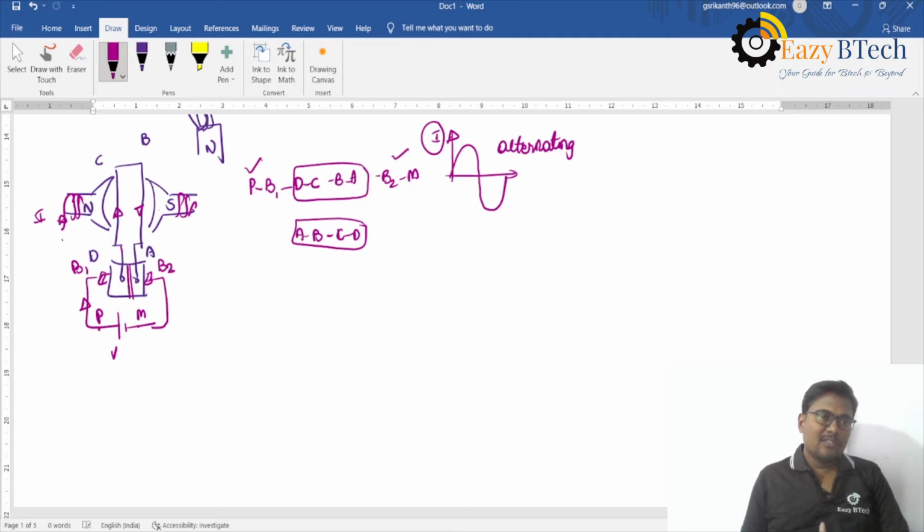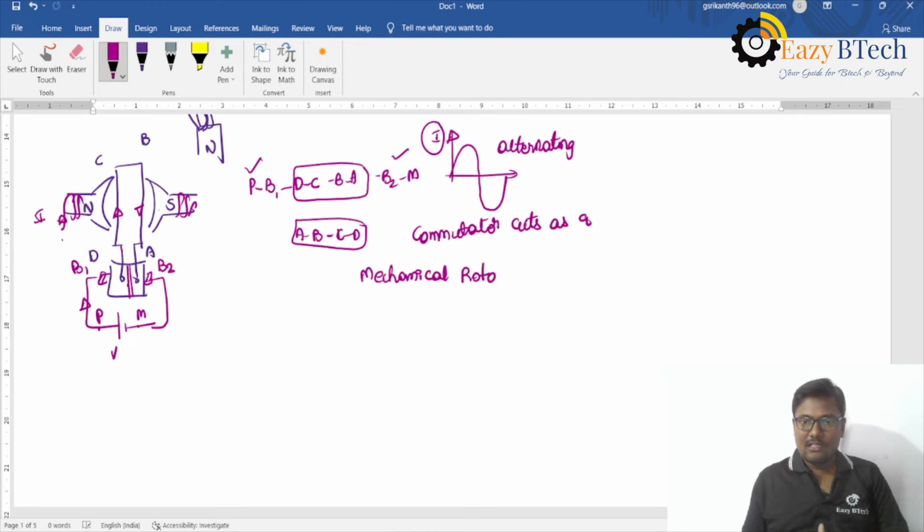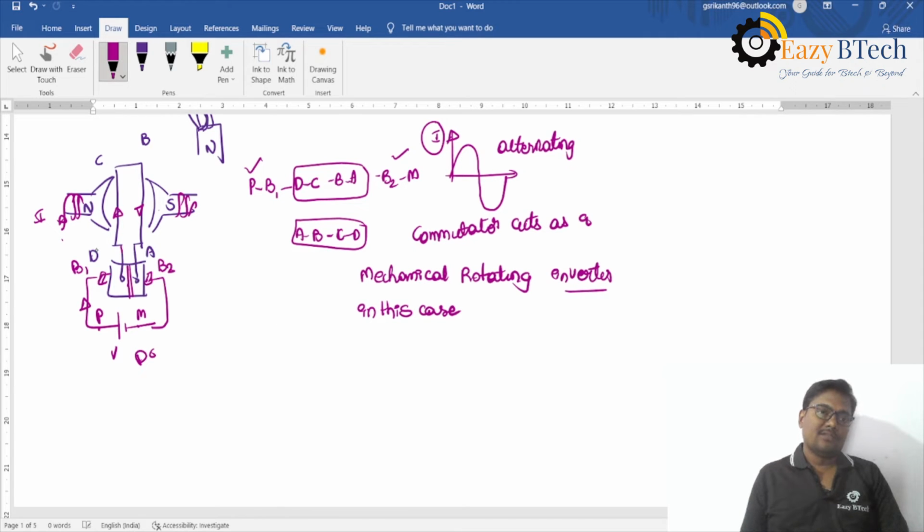That's why this commutator acts as a mechanical rotating inverter in this case. If you go for a generator, it acts as a mechanical rotating rectifier. Inverter means DC is converted into AC.